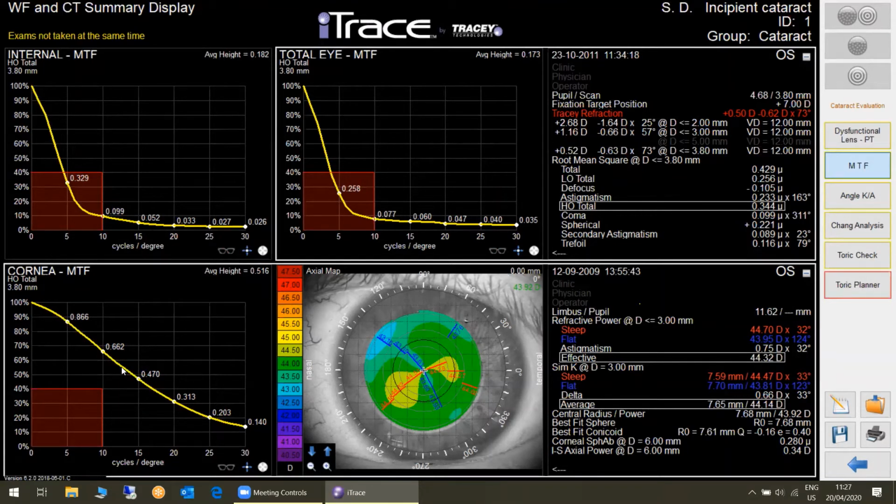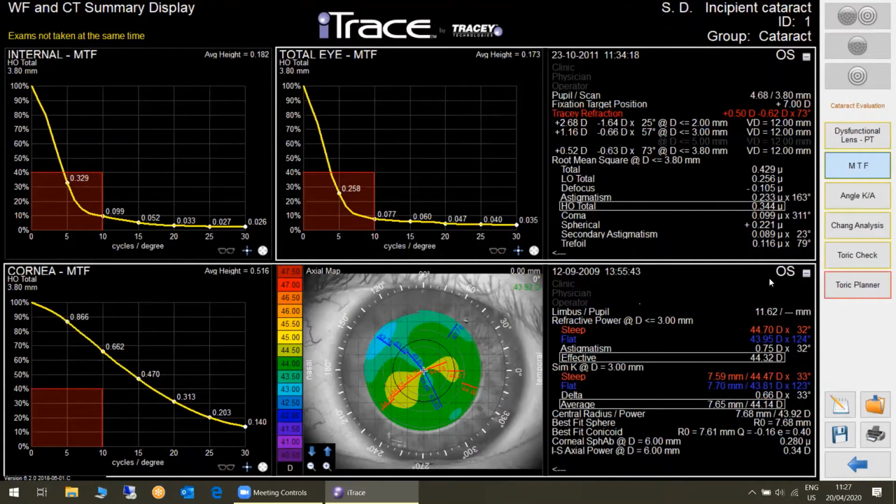Listen very carefully. I did not say a toric. That is your choice. You're the surgeon. If you want to do this with LRIs, if you want to do this with PRK or a toric, it's your choice. It's my job to tell you, if you don't take care of this astigmatism, then this patient will be unhappy.